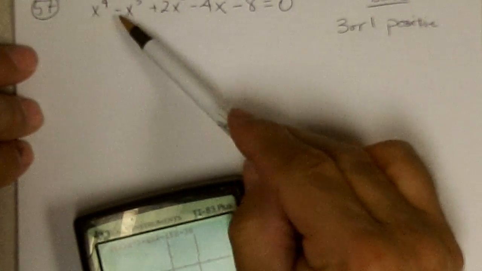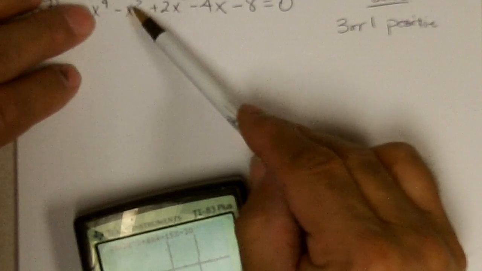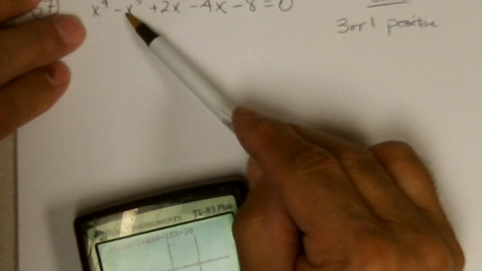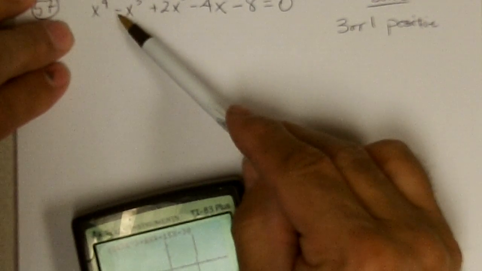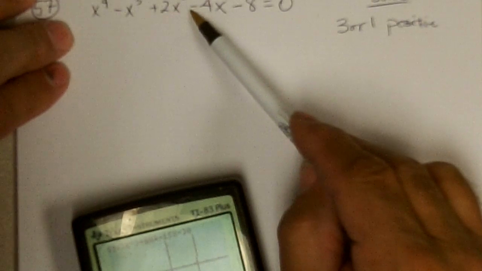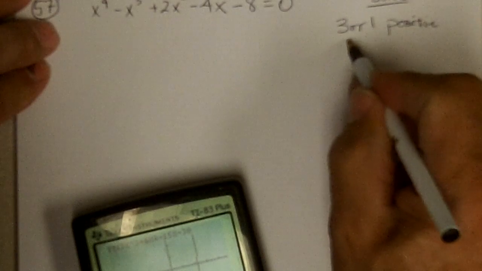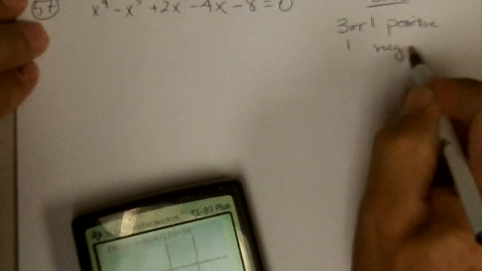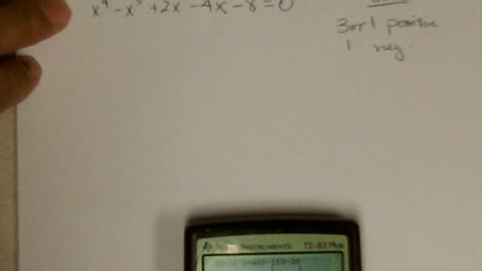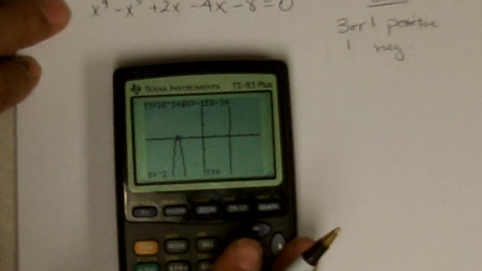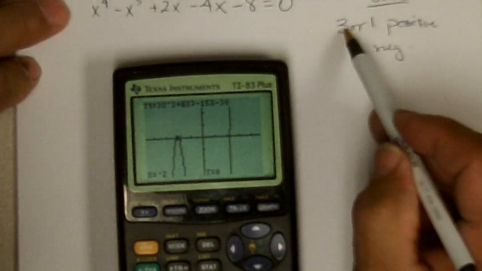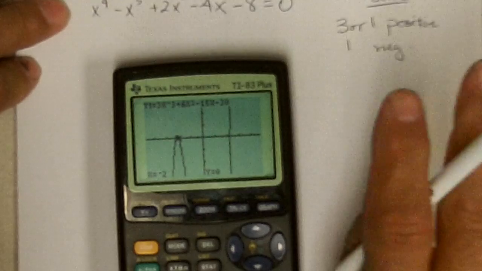And if I change that to the negatives, the odds change their signs, that would be positive, positive, positive, positive, negative. There'd be 1 negative. And there's 4 total, so it could be 3 and 1, or 1 and 1, and 2 imaginary.